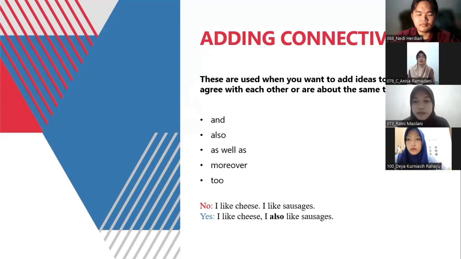We use connectives like and when we want to talk about two things that are similar. Like if I say apples are red and oranges are orange. Apple and orange are both kinds of fruit.